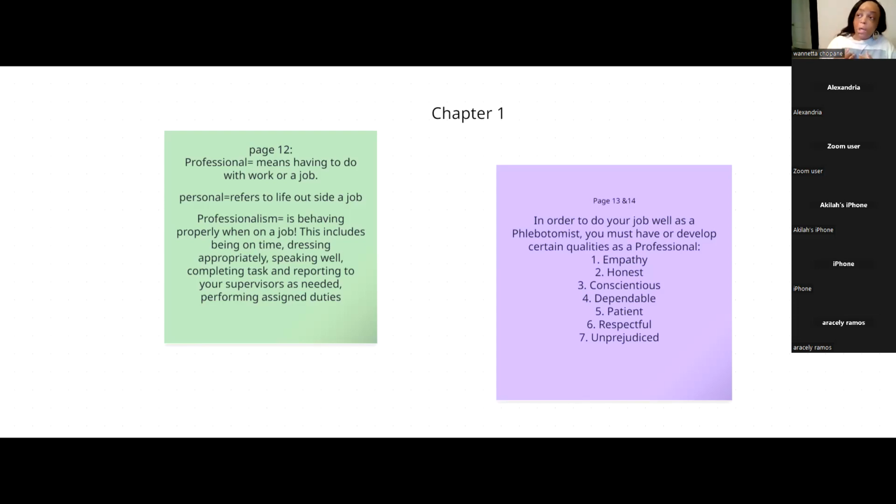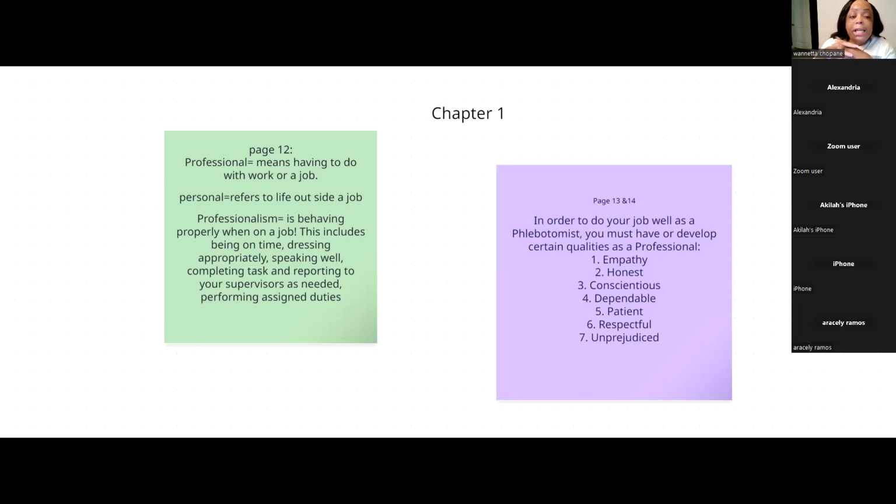This is my opinion. We're getting more and more healthcare professionals, I don't care if it's doctors or nurses, that go to work just to go to work, and they don't really show compassion to their patients. So I do want to be sure that we all understand. Okay, so being a phlebotomist requires being professional.